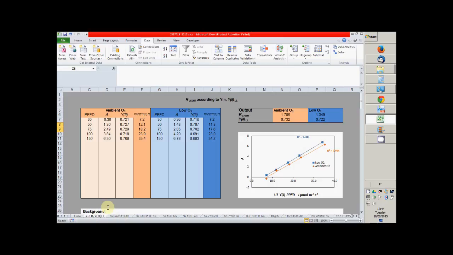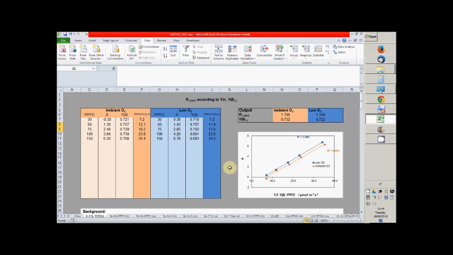Sheet 2 calculates respiration in the light according to the method of Yin. The initial part of the light curves measured under ambient and low oxygen is automatically copied in these two tables here.